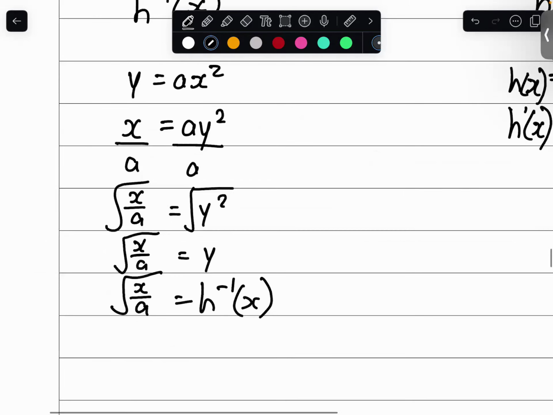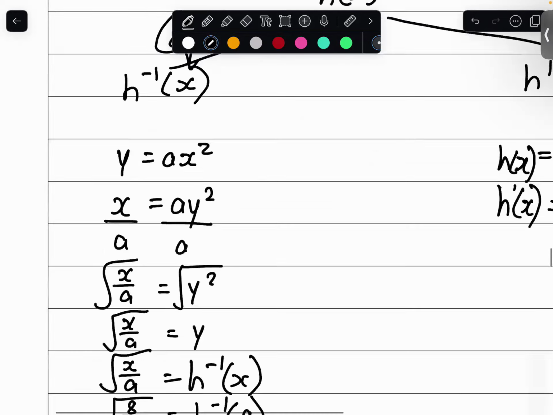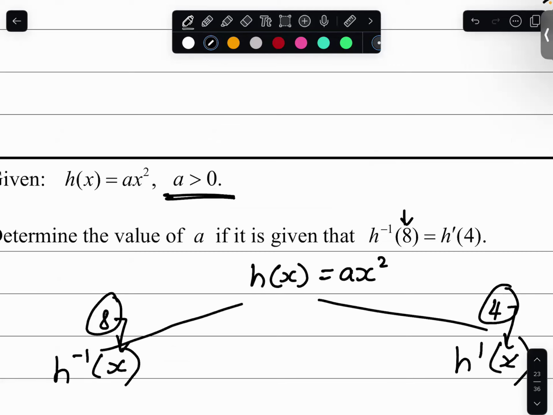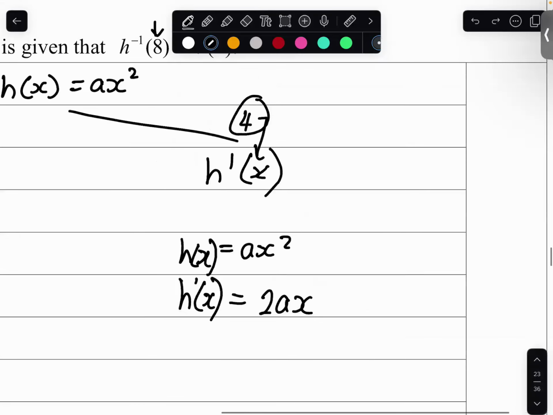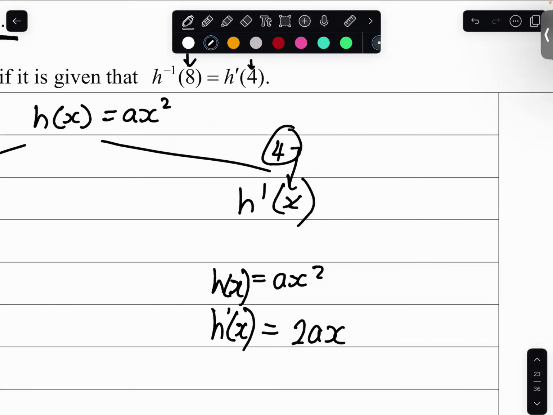So it's 8 over a is equal to h to the minus 1 of 8, because you're replacing the x with an 8 for this equation. And for this equation, they replace the x with a 4. So this is h prime 4 is equal to 2a4.